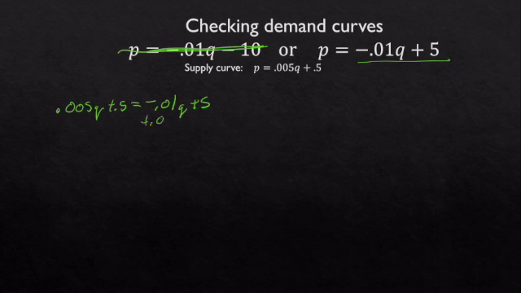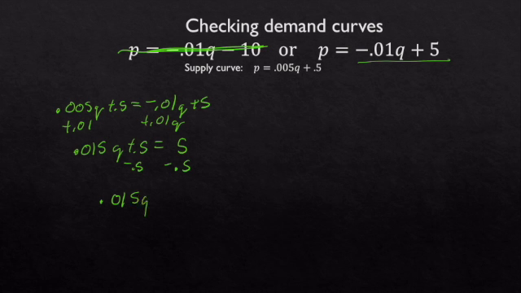So I'm going to go ahead and add 0.01q to both sides. That gives me 0.015q plus 0.5 equals 5. I subtract 0.5. I get 0.015q equals 4.5. And I divide both sides by 0.015. I want this q to be left by itself, so I get q equals 300.